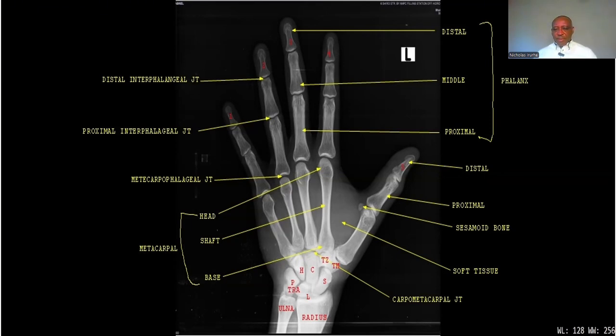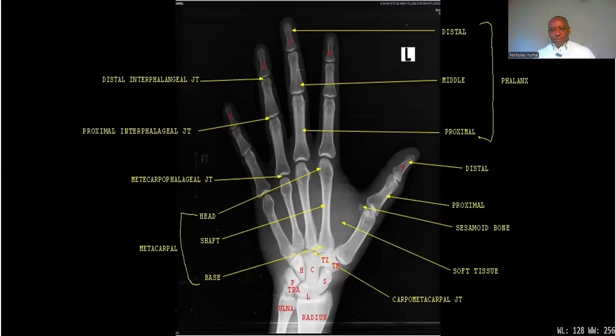So if we are talking about radiographic anatomy of the hand itself, it consists of the lower end of the forearm, the carpal bones, the metacarpals, and the phalanges.